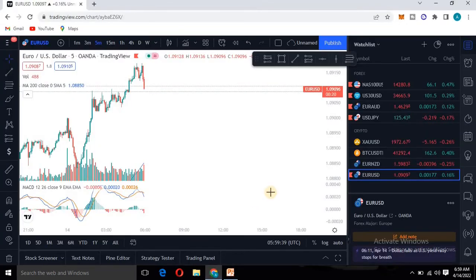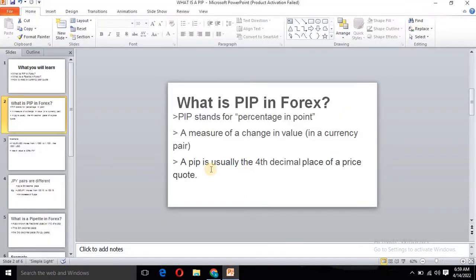I want you to take a look at this. Let's say this is a price, you understand? If you take a look here, you discover that, for instance, we are using Euro USD. Right now the price we are looking at, after the one, you have up to 5 decimal points. So this is telling you that the PIP here is the 4th decimal place in some currencies, right?